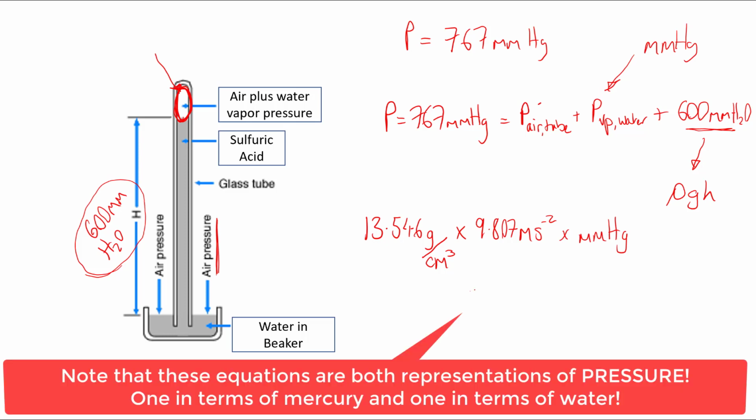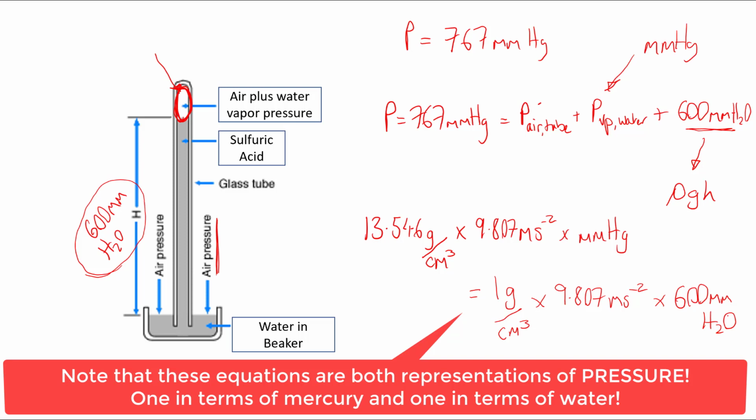That is equal to the density of water, 1 gram per centimeter cubed, multiplied by, again, 9.807 meters per second squared, multiplied by, in this case, 600 millimeters of H2O.